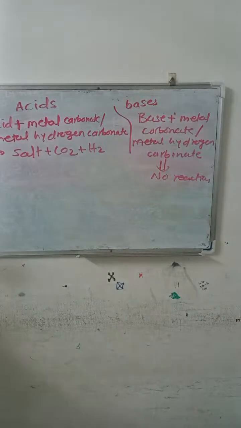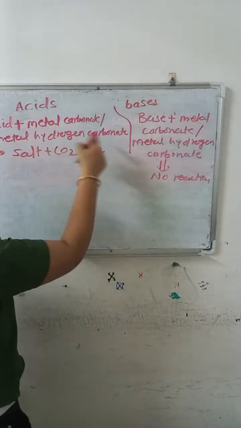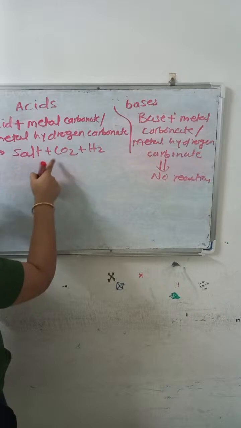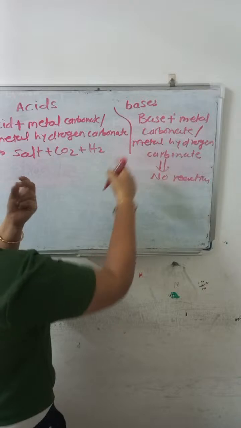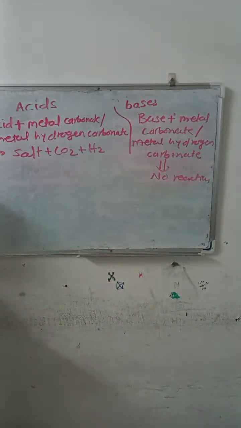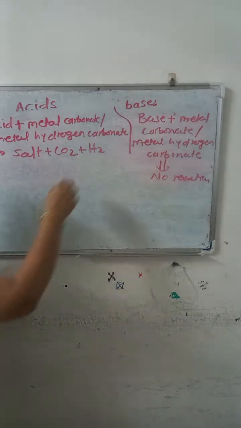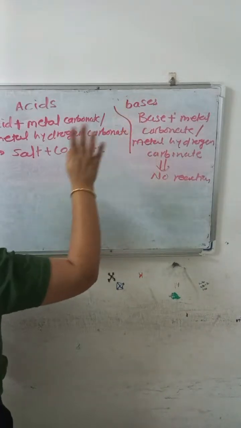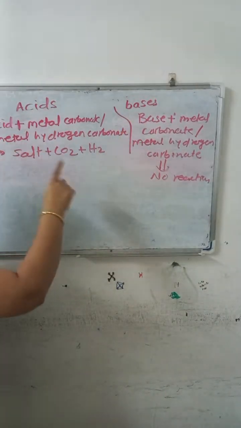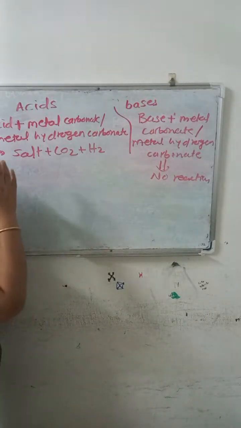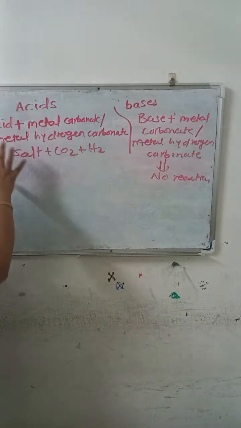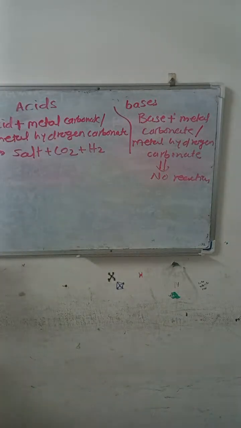Whenever acid reacts with the metal carbonate or metal hydrogen carbonate, it gives salt, carbon dioxide and water. But when the base acts with the metal carbonate or metal hydrogen carbonate, it does not give any reaction. Very important thing, sometimes I will ask this in MCQ. So there is no reaction. This is just a formula, and we are just writing the compounds' names and showing the reaction, so no need to learn it by heart.